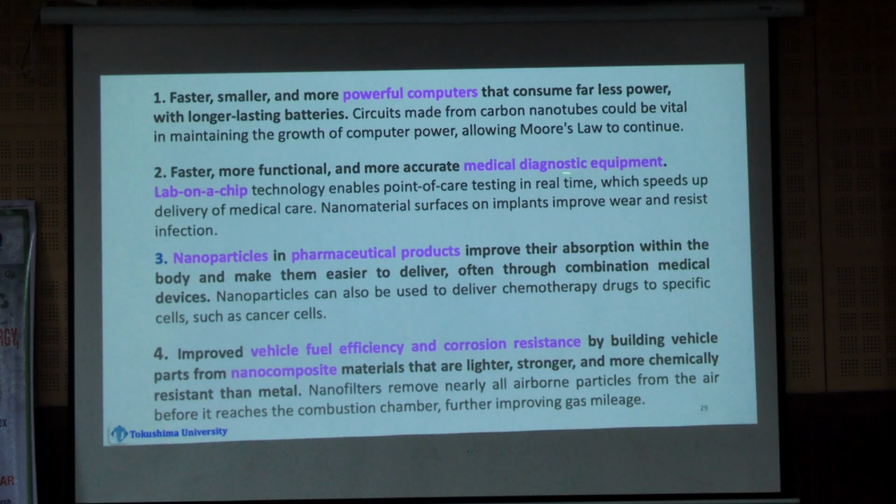Another is medical equipment, instruments, that are looking for faster, more functional and accurate measurement of medical tools. These medical tools are very useful in surgeries or while giving treatment to the patient.